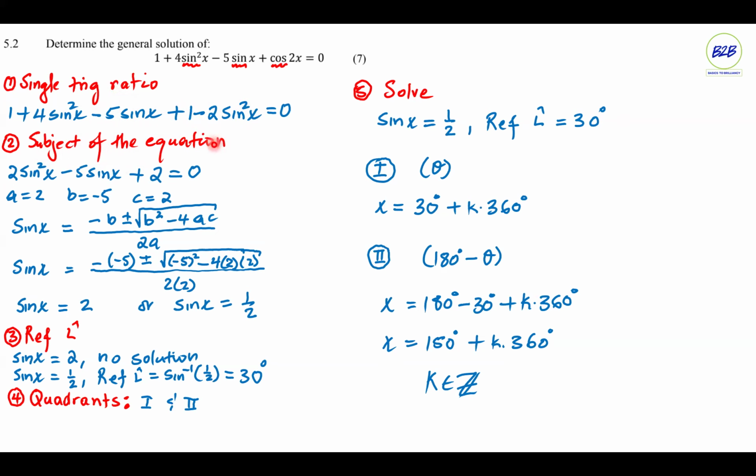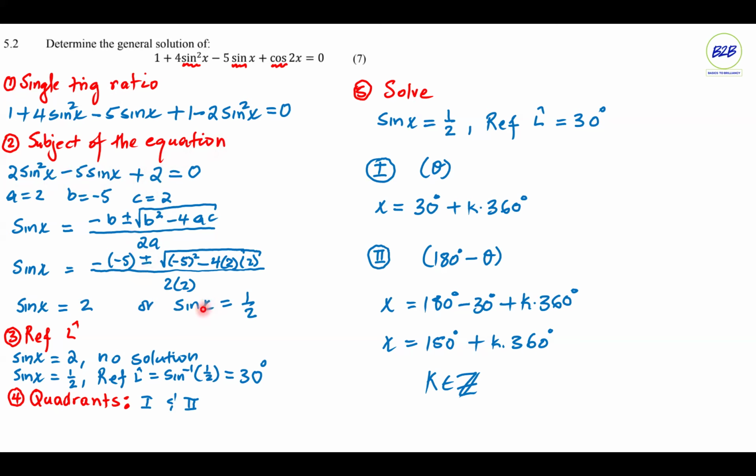How do we do that? It differs from one equation to another. Sometimes you will remove brackets, collect like terms. We collected like terms here. And then after collecting like terms, we had the opportunity to choose whether we factorize or we use a quadratic formula. And then we used our quadratic formula, making this the subject of the equation.